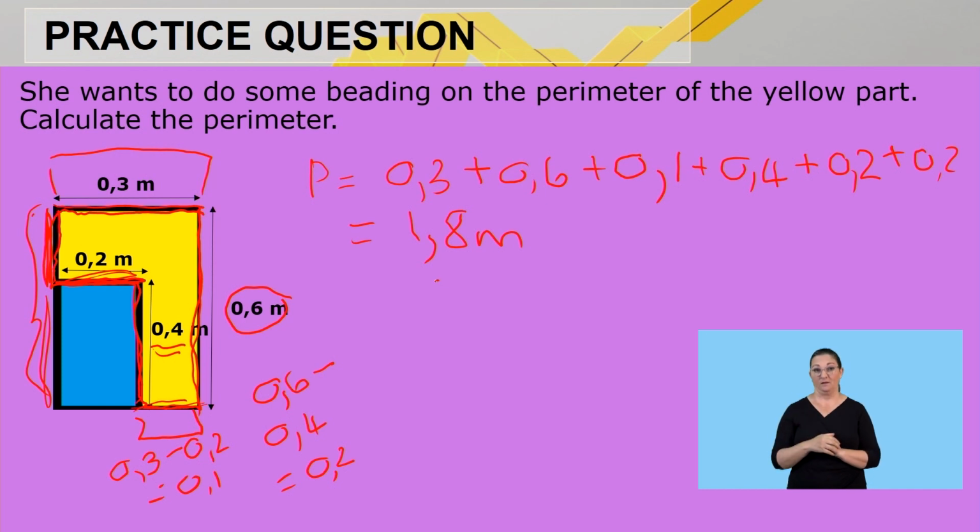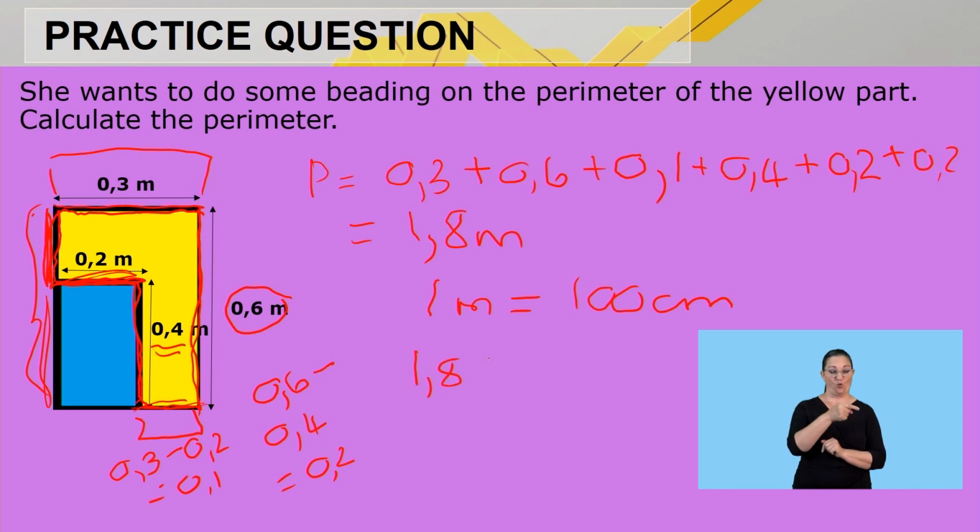So remember, 1 meter is 100 centimeters. So that's going to be 1,8 times 100, and that is then 180 centimeters. This brings us to the end of our practice part.